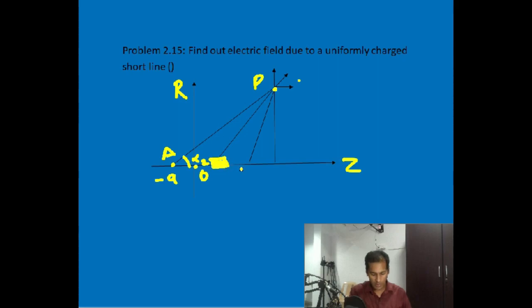Differential length is present here. This differential length is dl from 0 to L. Then this angle is alpha. This is alpha 1, and this is also R. So this point P has three components. One is resultant dE, this one is z component dEz, and above is say dE r.